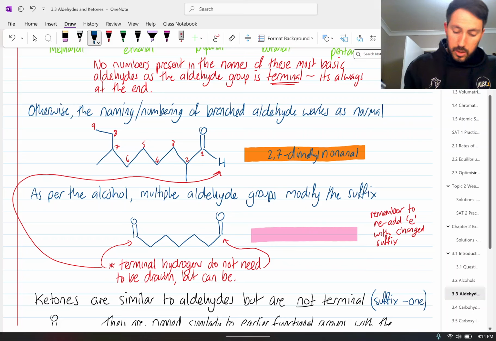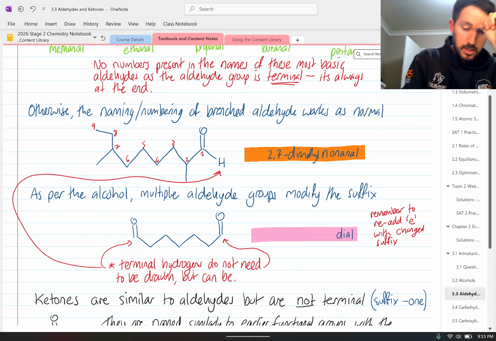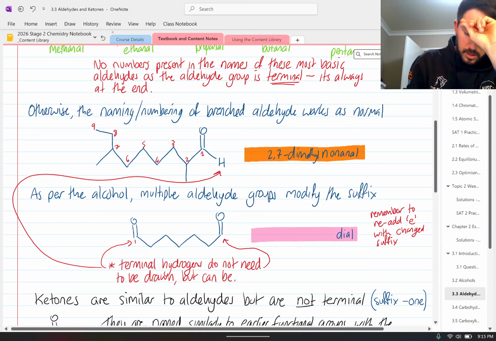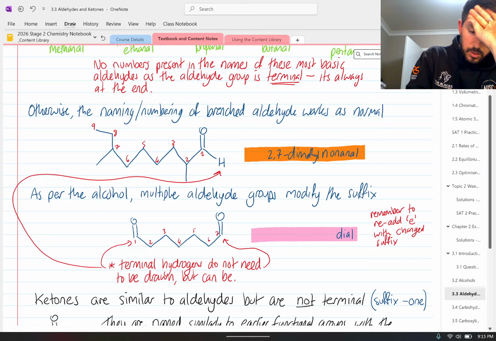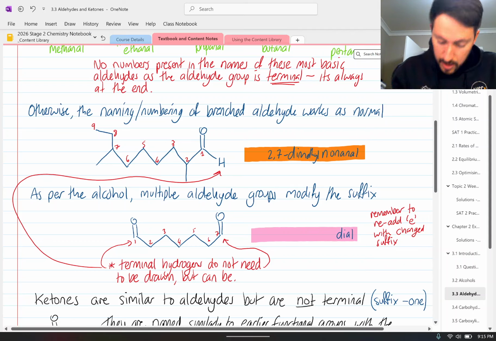So it is going to be dial at the end, and then we have to consider what the longest chain is. Let's just number them here. It doesn't matter which side we start with, but if we start from the left, 1, 2, 3, 4, 5, 6, and 7. So if we go back to our blue, this is going to be heptane.